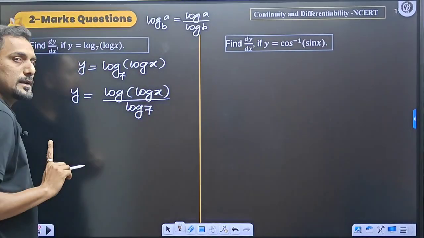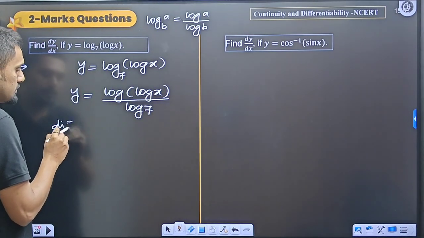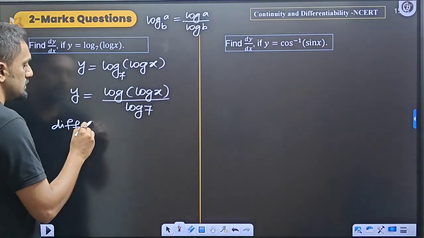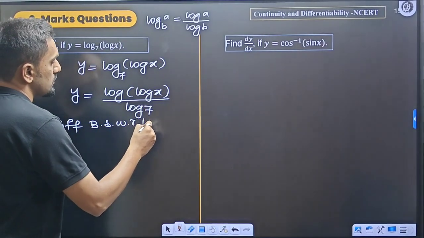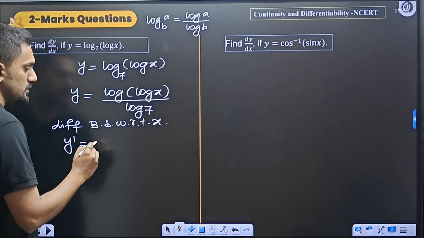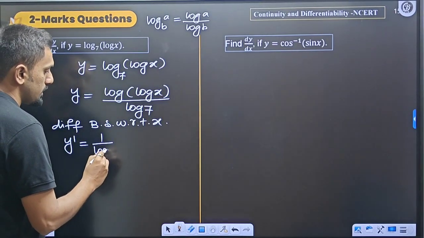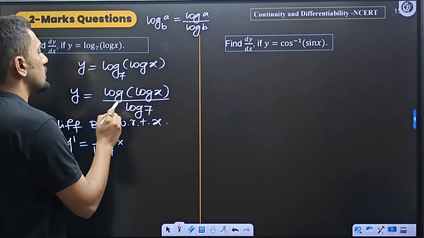1 by log 7 is a constant. Then if I differentiate this function with respect to x, differentiating both sides with respect to x, this becomes dy by dx or y dash is equal to 1 by log 7 as it is. Then I need to differentiate the function log of log x.